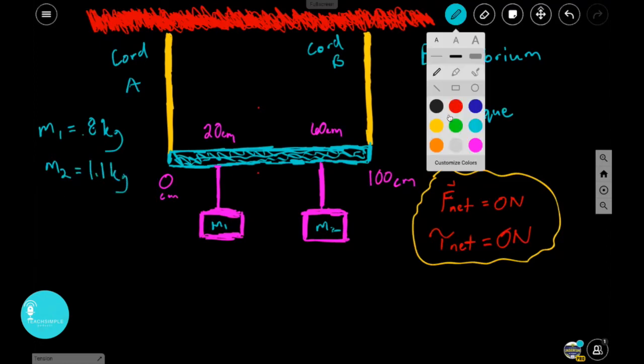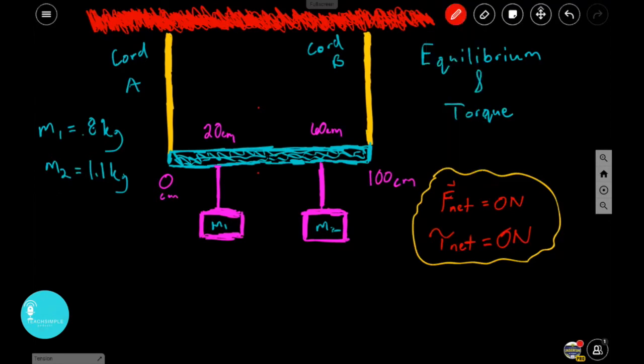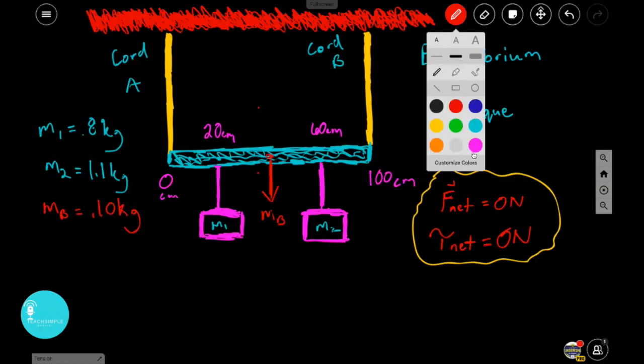We also have to account for the weight of the bar. The mass of the bar also has some type of weight. The mass of the bar is 0.1 kilograms. So with that being said, we see that we have a lot of forces pointing down.